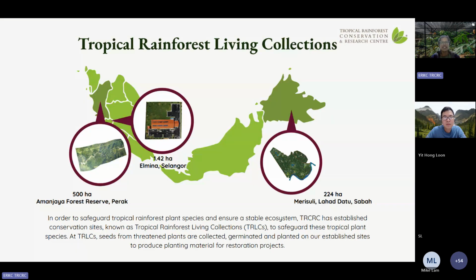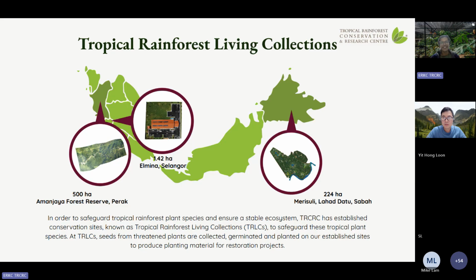So what we have here is a living collection. That's why we have living collections around Malaysia. The first living collection that we have has been running for more than 10 years, and it's a very different restoration planning. Before this, the site was an oil palm plantation, and now it's converting to forest. And for us, we are based in Amanjaya Forest Reserve in Perak.